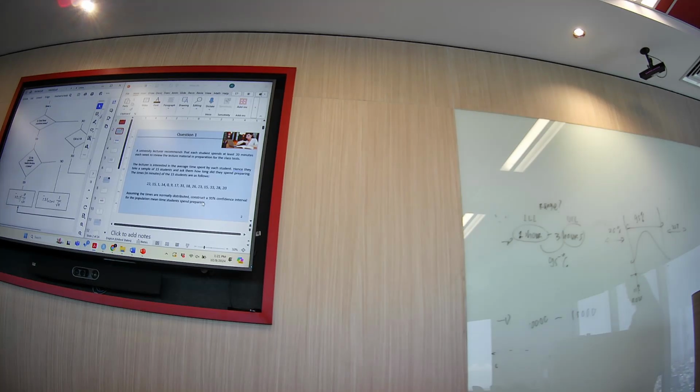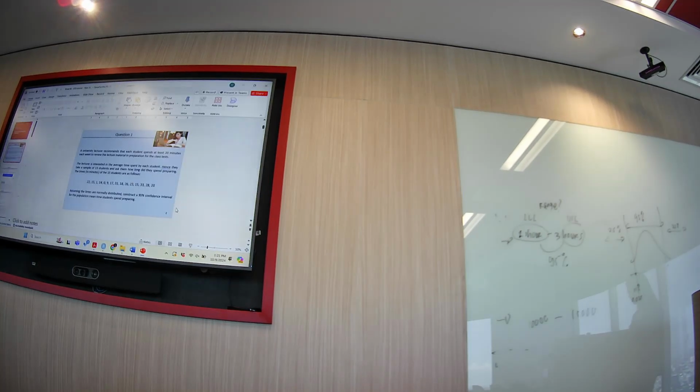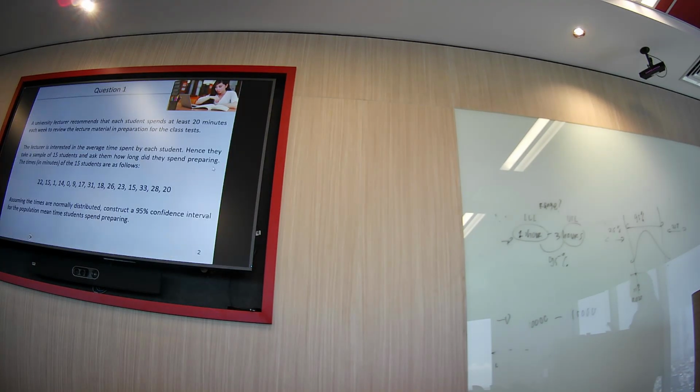Do you know the population standard deviation from this question? Maybe I make it last. There would be some wording mentioning the population standard deviation is equal to some number. Do they have it here? No, right? So we don't know.